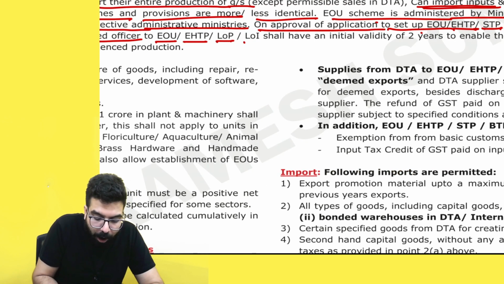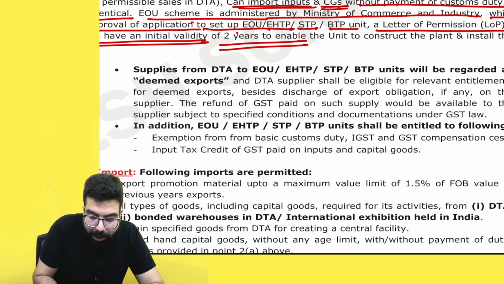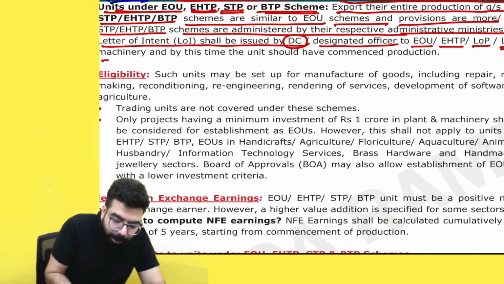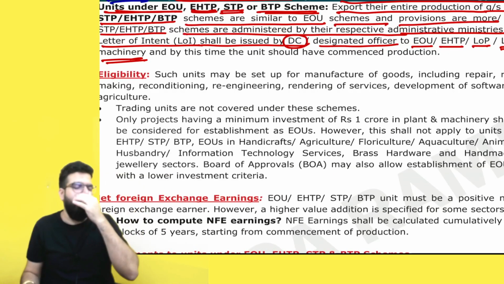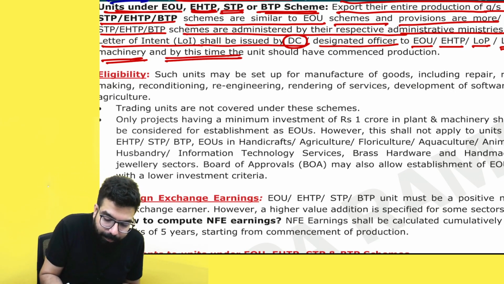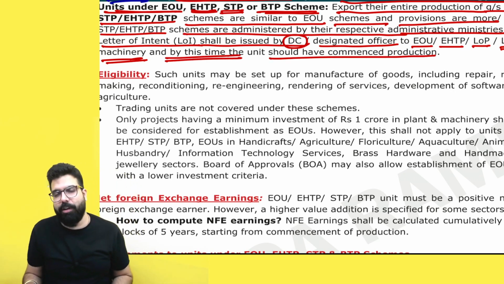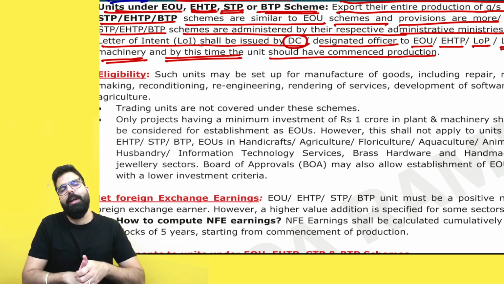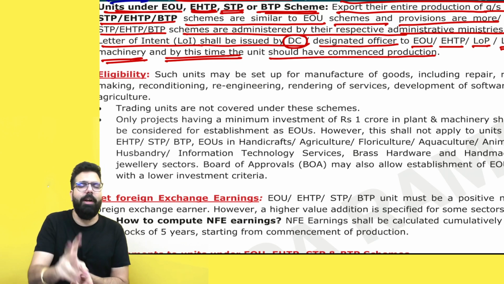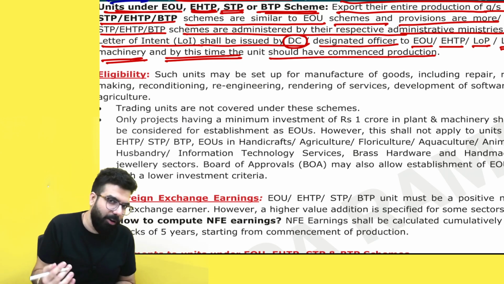The letter of permission or letter of intent shall have a validity of 2 years to enable the unit to construct the plant and install the machinery. Basically, once the letter of permission is given, you will have 2 years to set up yourself. By this time the unit should have commenced production. So once you are given the letter of permission, you should have started your production within 2 years from the receipt of the letter.